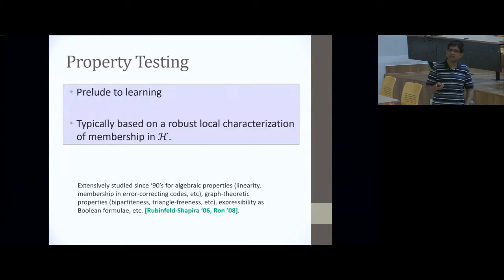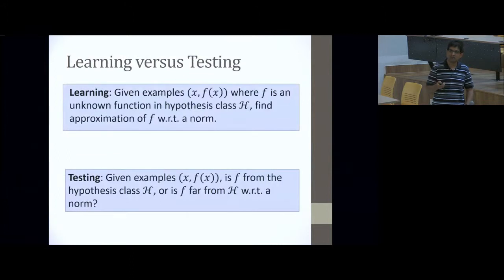So what I mean by test is I want to distinguish noise from structure. So I want to say whether f is in the hypothesis class or whether f is far from the hypothesis class. So whether f is noise or whether f has some structure which is encoded in this hypothesis class H. Does that make sense?